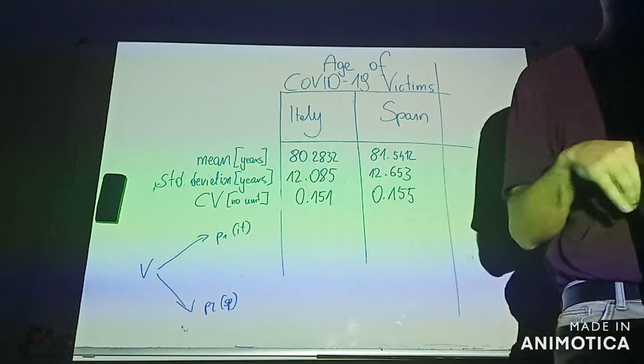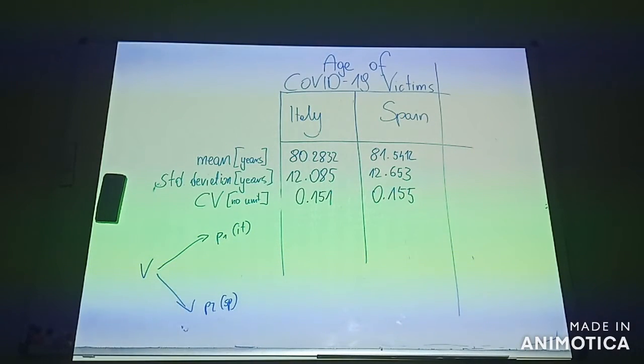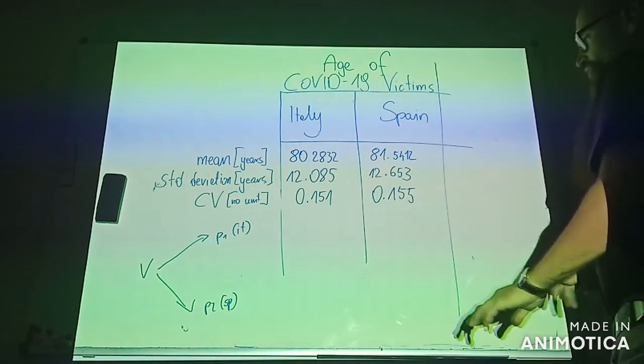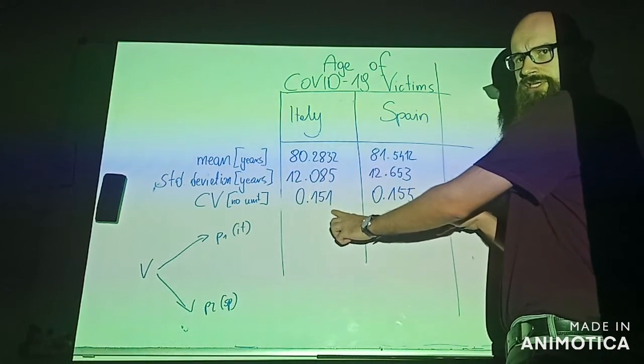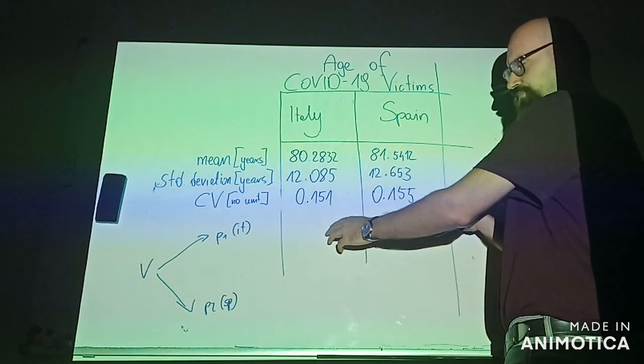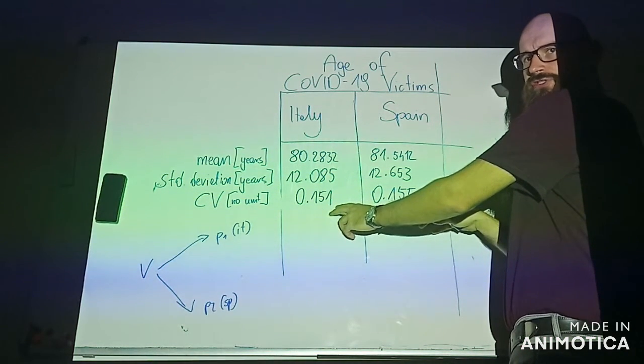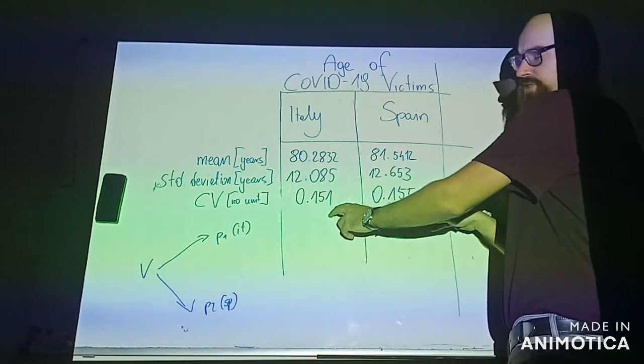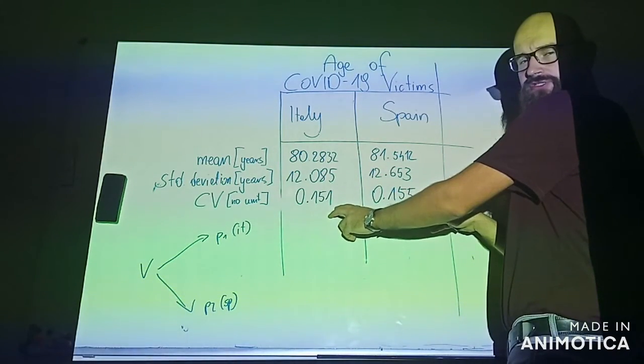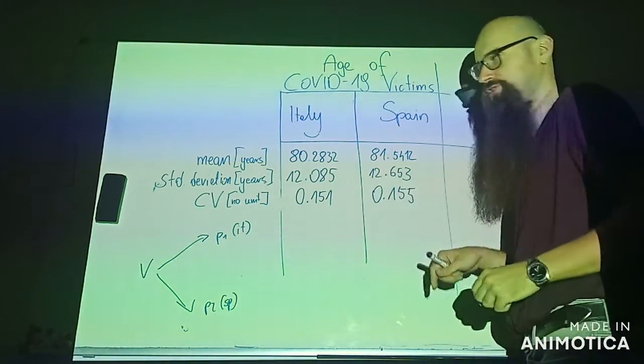Yes, both populations, Italian and Spanish COVID-19 victims, are differentiated. The values of age are differentiated in a similar degree in both populations.